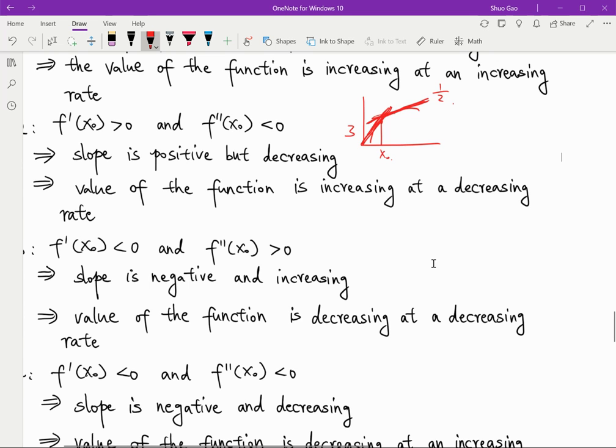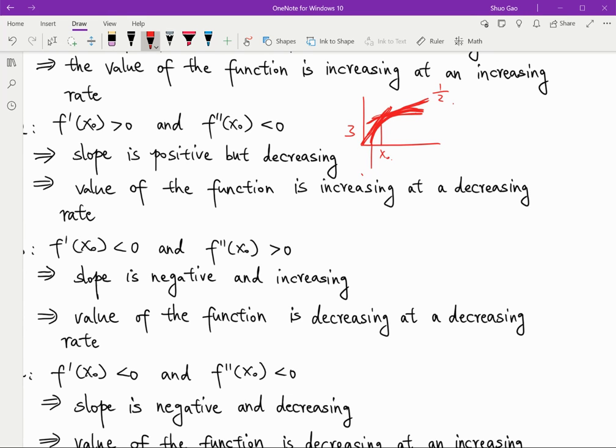And it also means that the value of the function is increasing, but at a decreasing rate, right? As we can see from this graph, for this curve here, it's an increasing function. The value is always increasing as x becomes larger. But the value of the function is increasing at a decreasing rate, right?